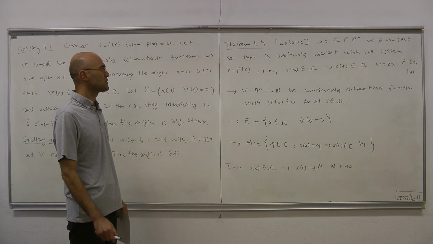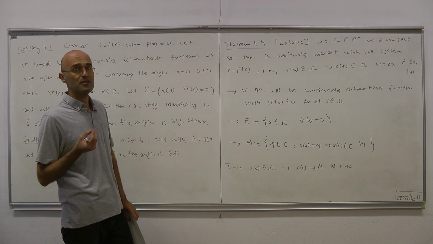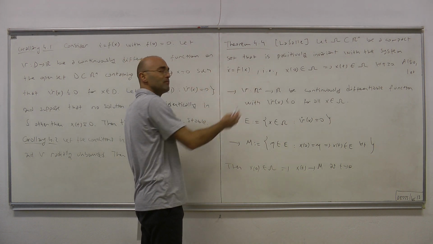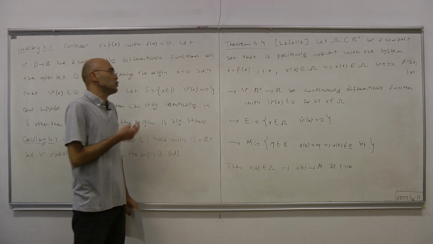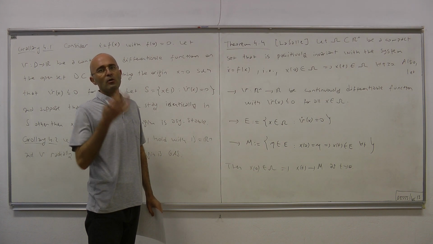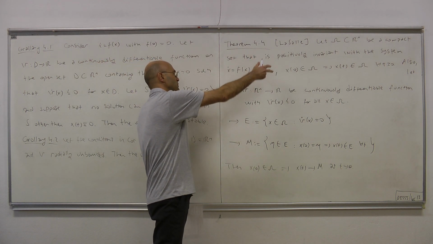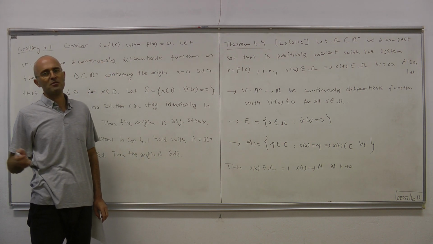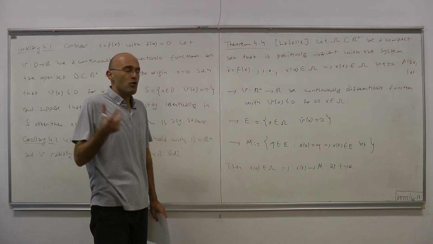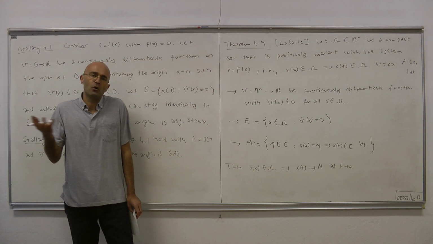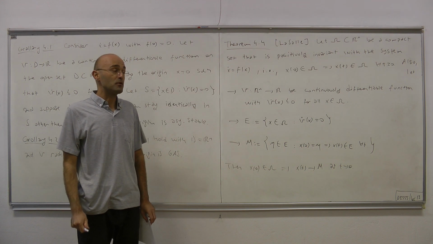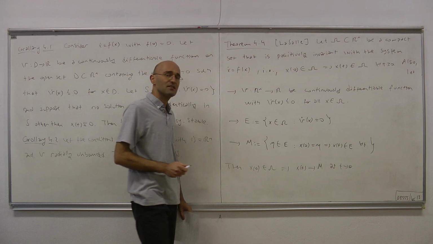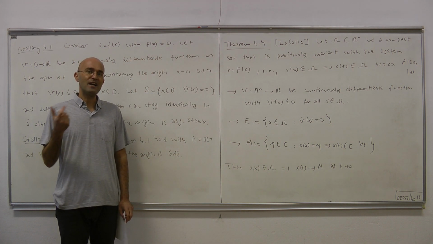That's nice, but in certain situations you may not know the eigenvalue locations. For instance, you know the system is linear, but you don't know exactly the parameter values. All you know is that certain matrices are positive definite or positive semi-definite, and you express your system in terms of those matrices. Even though we know they satisfy certain properties, you don't know them exactly, and that means you cannot figure out the eigenvalue locations.